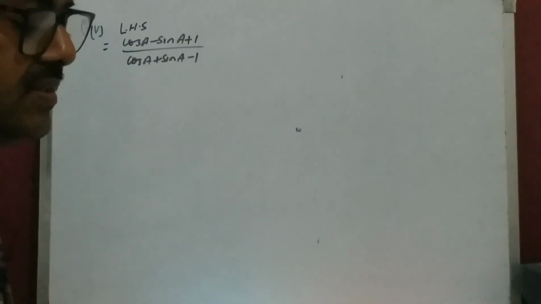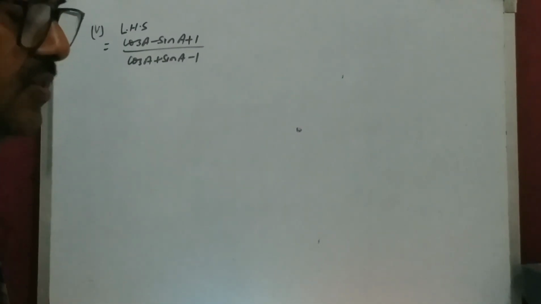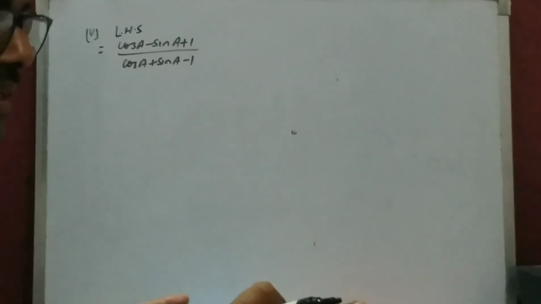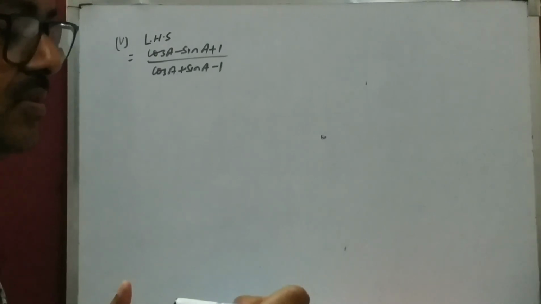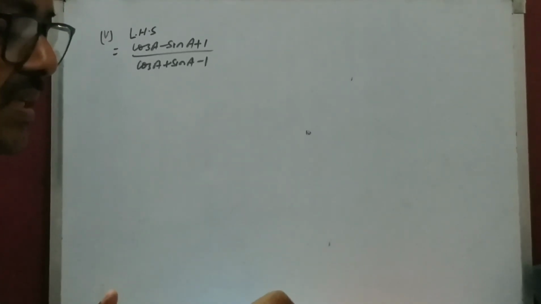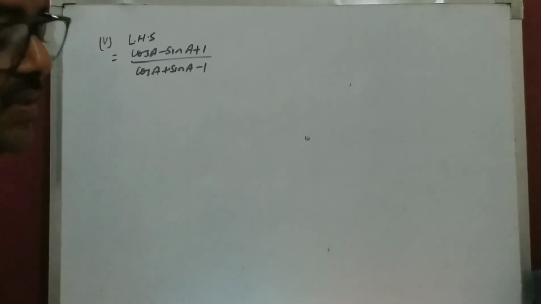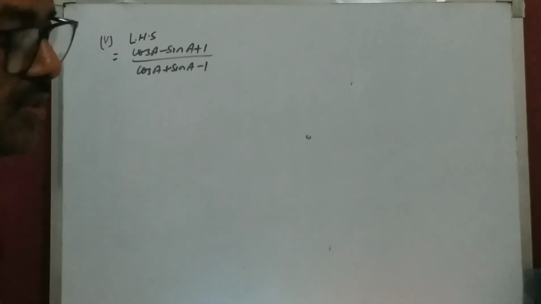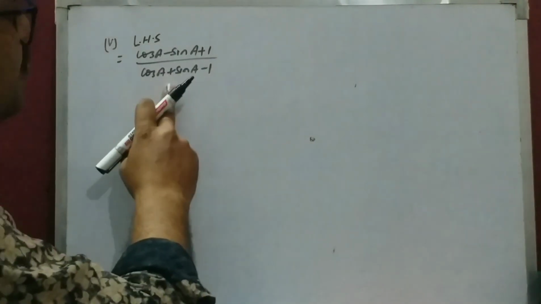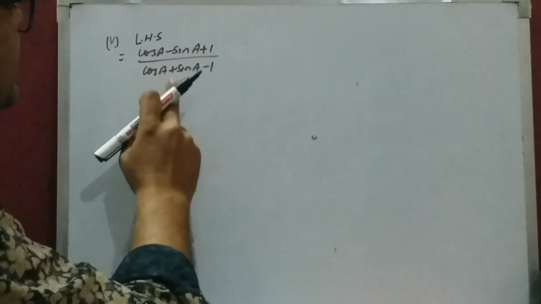In RHS, cosec A plus cot A are given, and you know that cosec A is equal to 1 by sin A, and cot A is equal to cos A by sin A. In both the cases, sin is coming in the denominator, so divide numerator and denominator by sin A here.